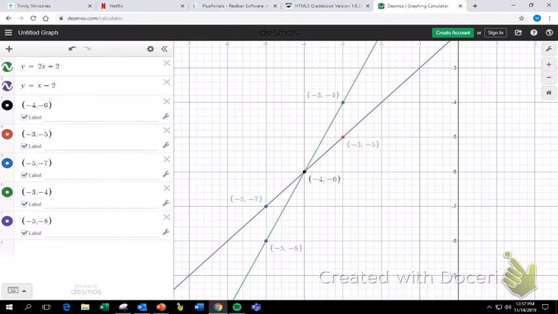Good. Now again, these are not the only points on the line, but these are the quickest to find. If I start at the point of intersection and move up to the next point, and then move down to the next point, it will help me to move this along faster.